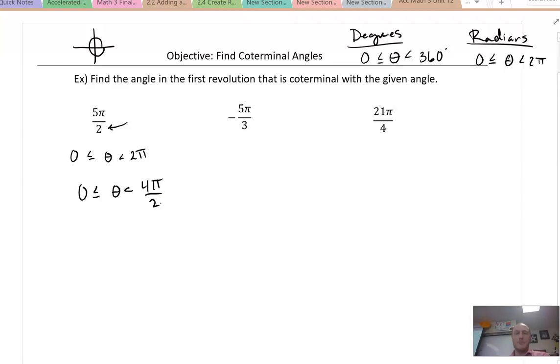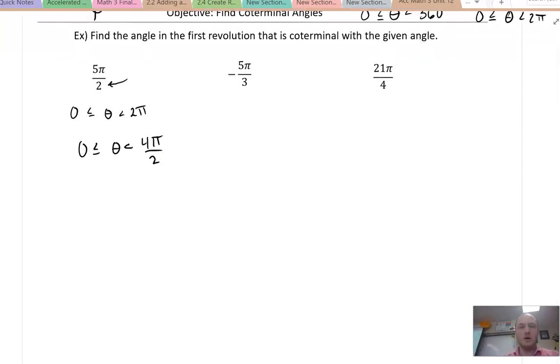So notice how 5 pi over 2 is not. All I do is take 5 pi over 2 and subtract 2 pi. I'm taking away a revolution, which is 5 pi over 2 minus 4 pi halves, which is equal to pi over 2. So there you have it.